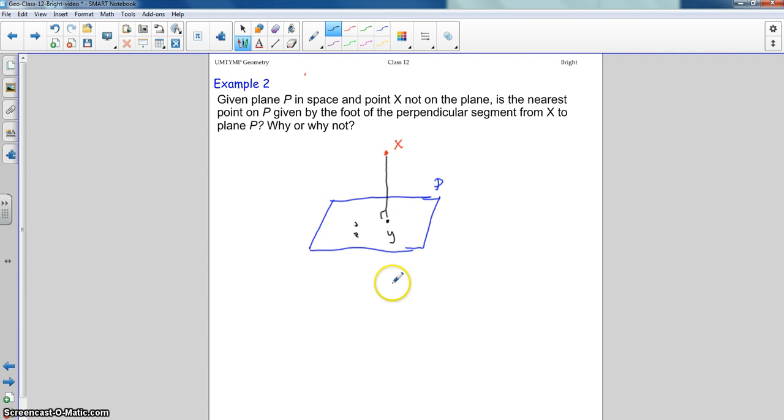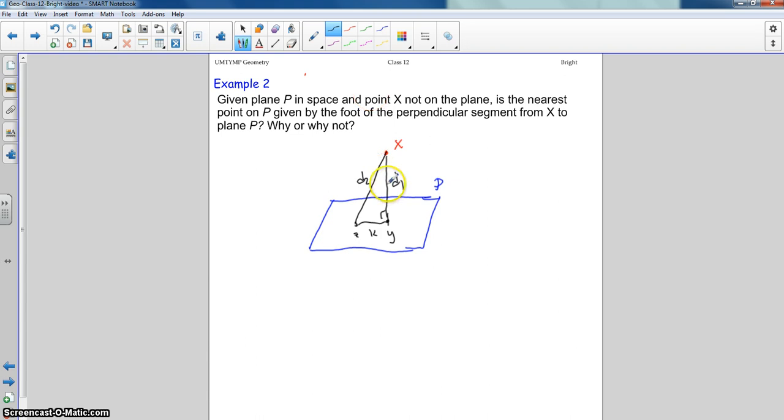The foot is just the base of the right angle. I call that distance d1. Then Z is any other point on the plane, and I want to compare those two distances. So I draw a line also to X and call this distance d2. They're separated by some other distance, let's just call that k.